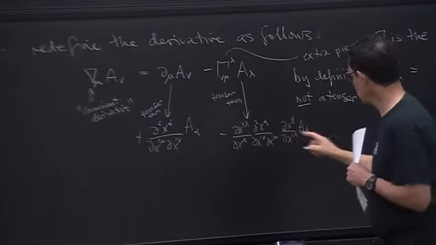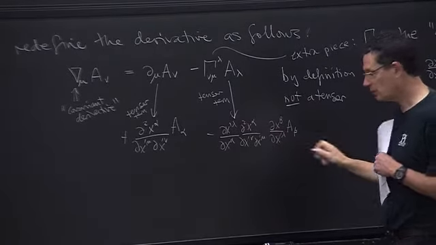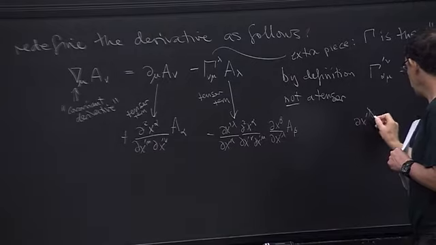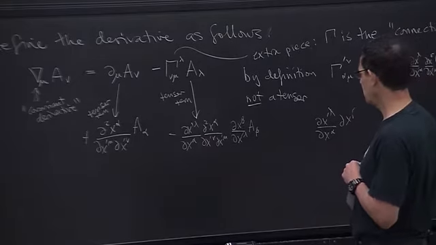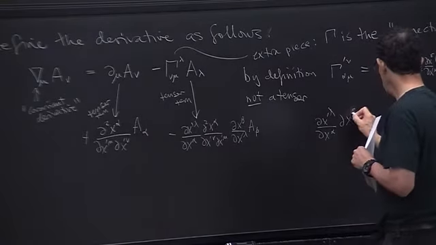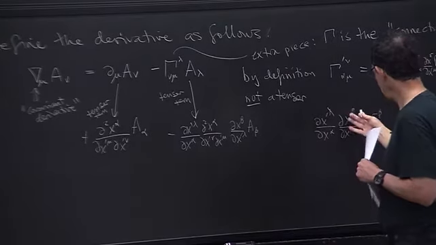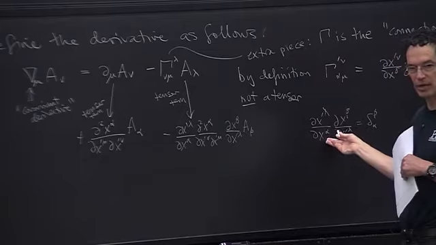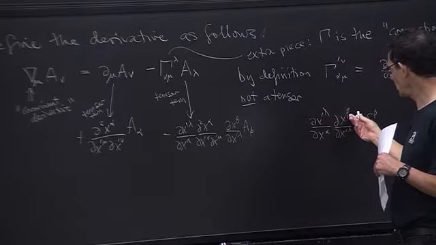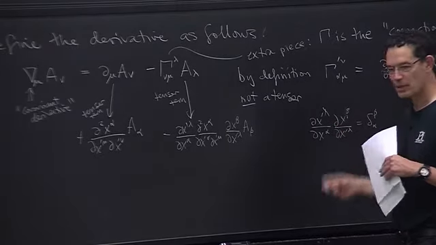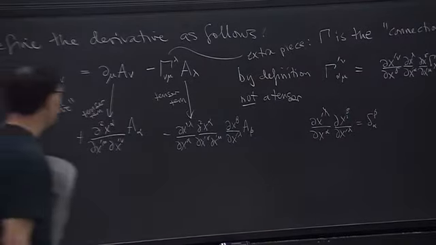And you notice I've got the Jacobian and the inverse Jacobian contracted on the lambda, right? So we have dx prime lambda, dx alpha, dx beta, dx prime lambda. Well, that's just delta alpha beta, because that's the derivative of x beta with respect to x alpha. X is a function of x prime. So if I differentiate x with respect to x prime and then x prime with respect to x, I'm just differentiating x with respect to itself. That just gives me a delta.